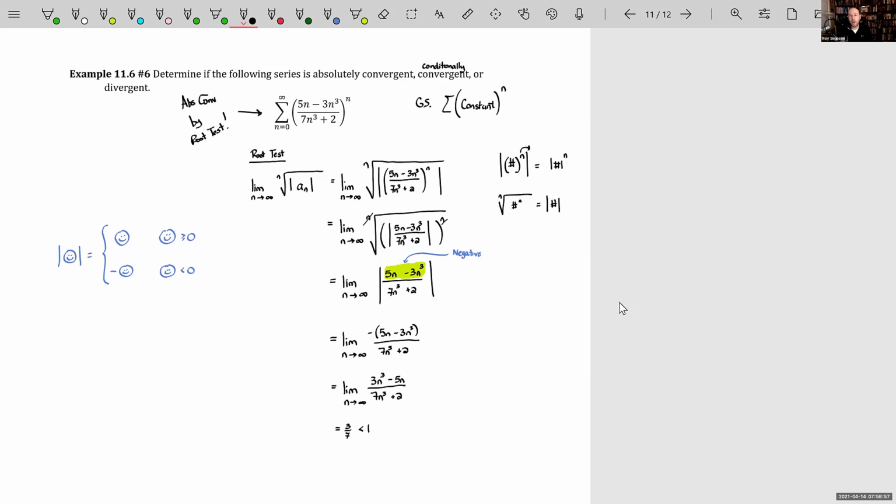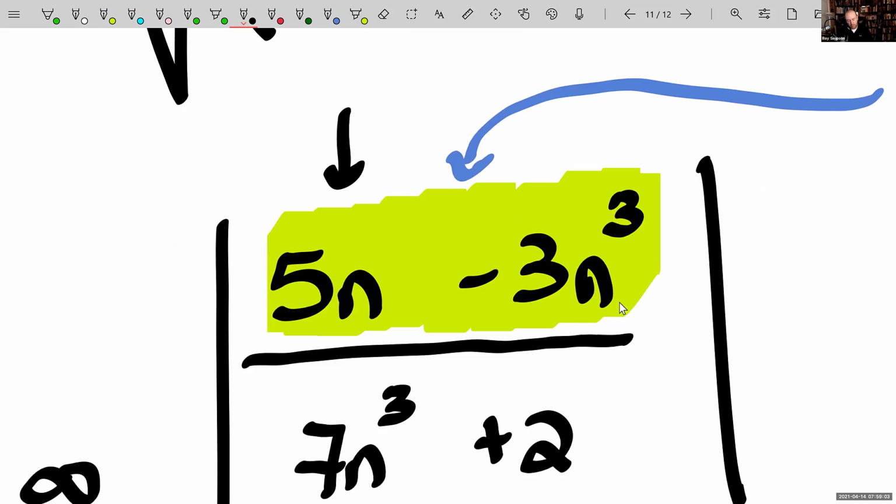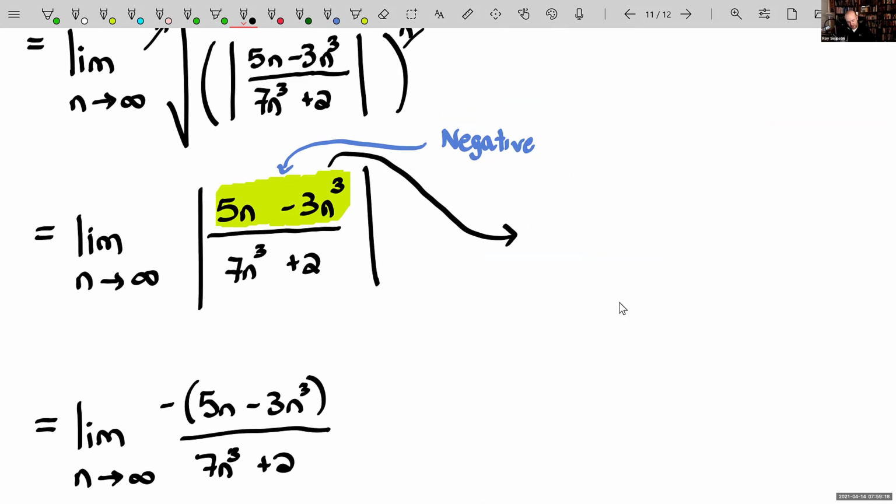So it's being asked, how did I know that it was going to be negative as n goes to infinity? There's a couple ways you could do it, but the main way is the fact that n cubed is much more powerful than n. Oh, here's an easier way. If you want to do it algebraically, let me grab this right here. You could say that's like n times 5 minus 3n squared.